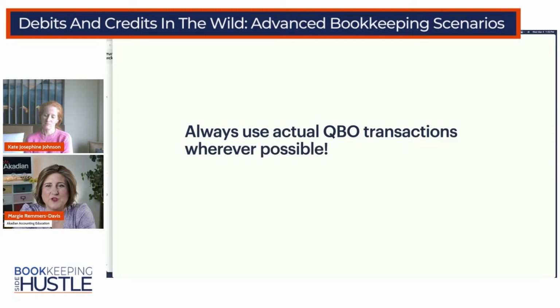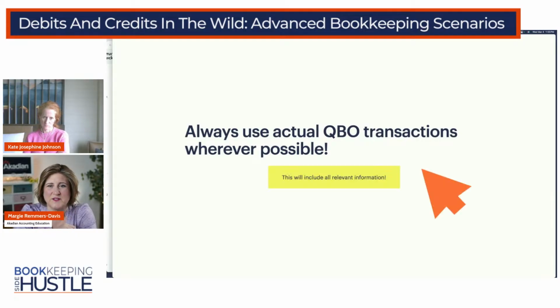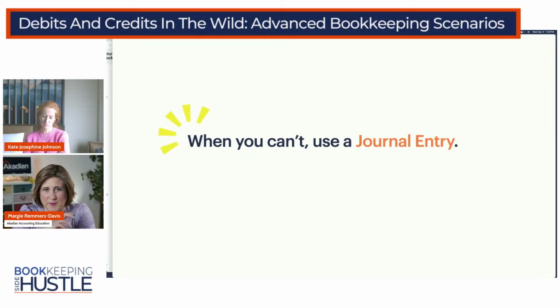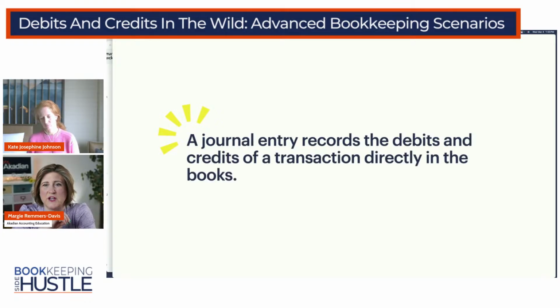Now you should always use, and this is true for all software, I'm sure Kate will say the same thing about FreshBooks, if the software has an option to do it, you should always use the software options, because that's going to include all of the relevant information. When you can't, that's when you use a journal entry. A journal entry records the debits and credits of a transaction directly into the books.